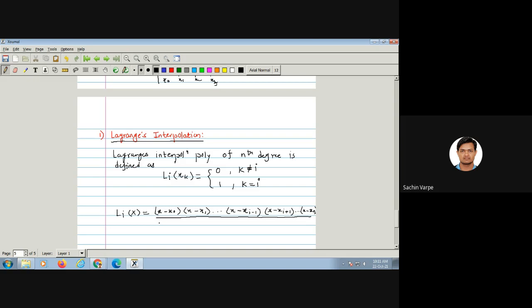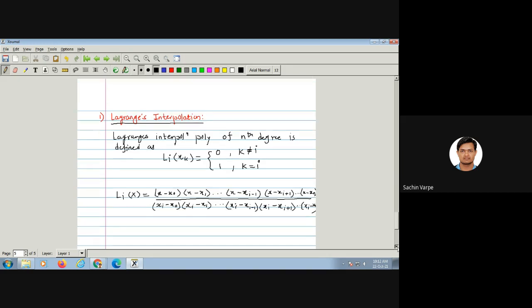So in the first bracket, xi minus x0, in the second, xi minus x1, and so on, xi minus x(i-1). Next, xi minus x(i+1), and so on, xi minus xn.